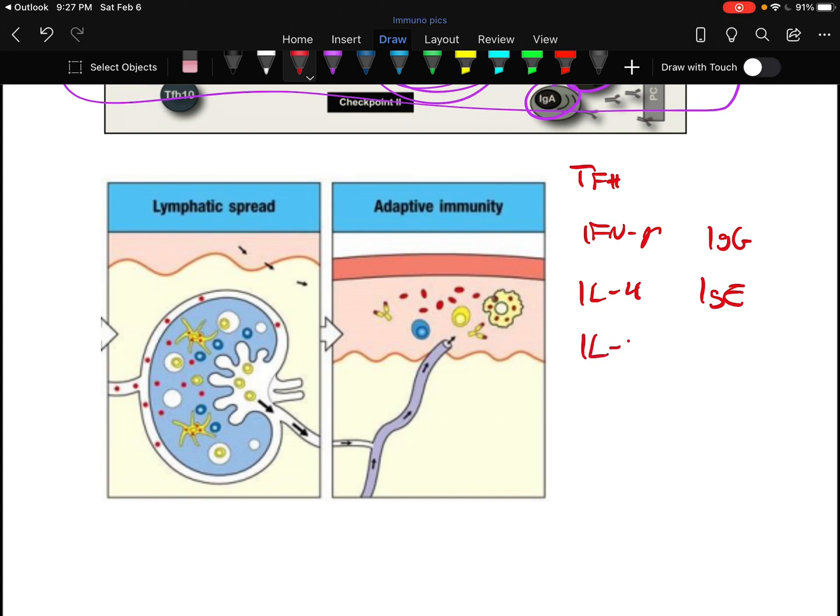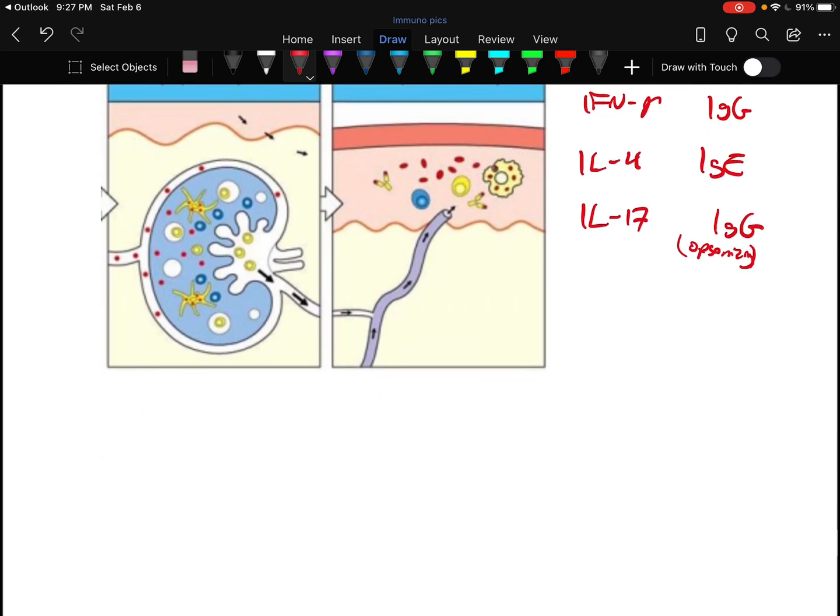If interleukin 17 is secreted, then IgG as well, a different form of opsonizing IgG will be formed. And then if we have a combination of interleukin 10 and TGF beta, then that will promote IgA.